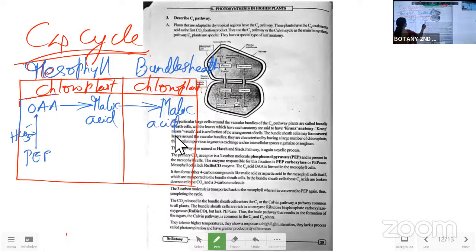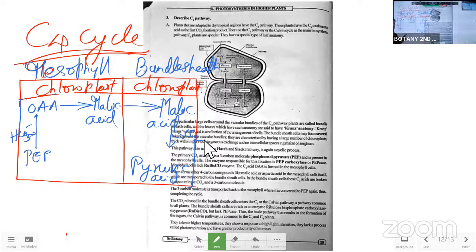Now, in the bundle sheath chloroplast, this malic acid is converted into pyruvic acid, and carbon dioxide is released, that is, decarboxylation occurs here.